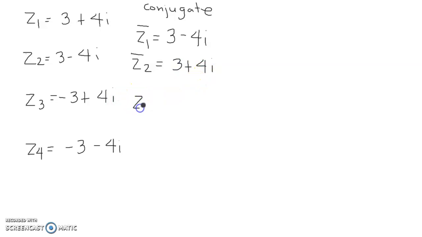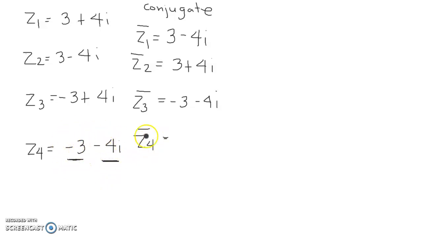If we have z3, this is negative, but you don't need to mind it since our concern is the sign of the imaginary part. So it is equivalent to negative 3 - 4i. Again, for z4, this will be retained as negative since this is the real part. Our main concern is the opposite sign of our imaginary part.